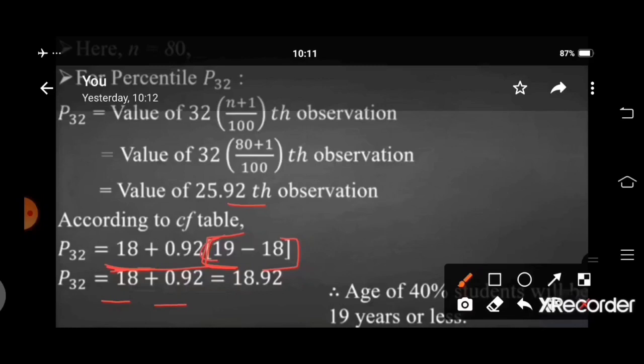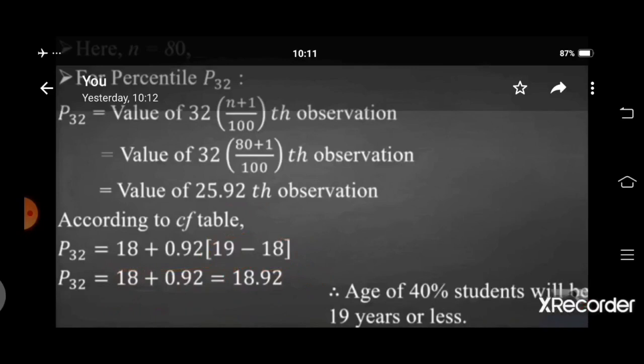And 19 minus 18 we will multiply by 0.92, by 1 we will get 0.92, 18 plus 0.92 we will get 18.92. So age of 32% students will be 18.92 years or less.